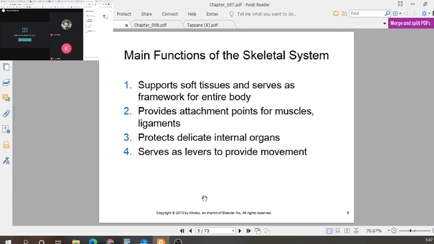They also provide protection for our organs, such as our brain, which we'll talk about first, and then also our vital organs, heart and lungs, for example. They provide movement by being a lever for the muscles to work with, to pull on. They also produce our blood cells, store minerals, and fats or lipids.